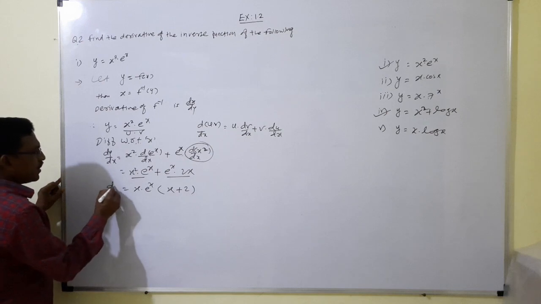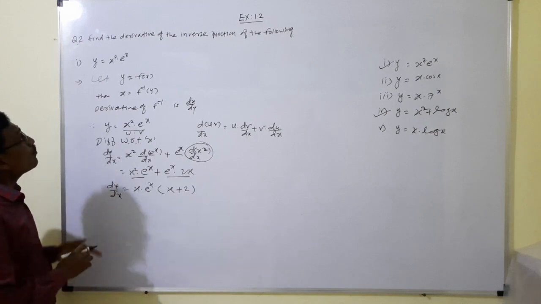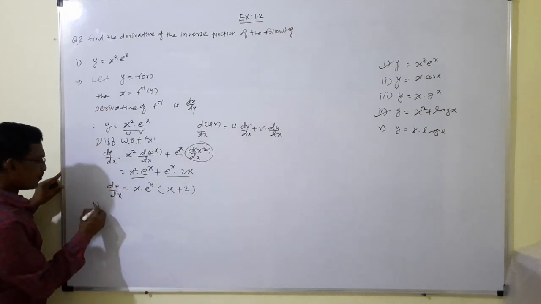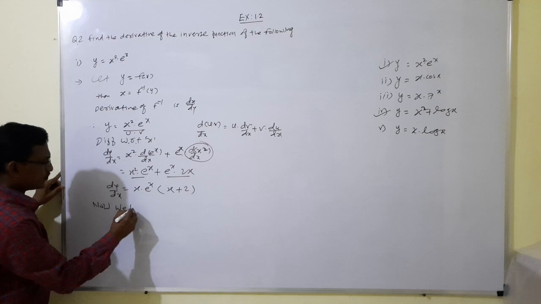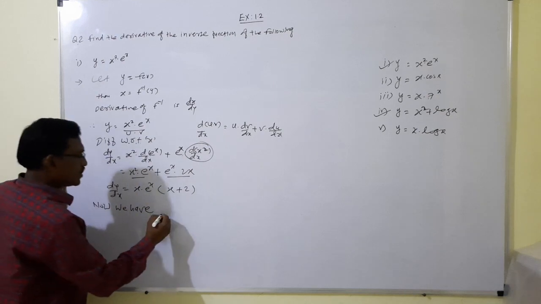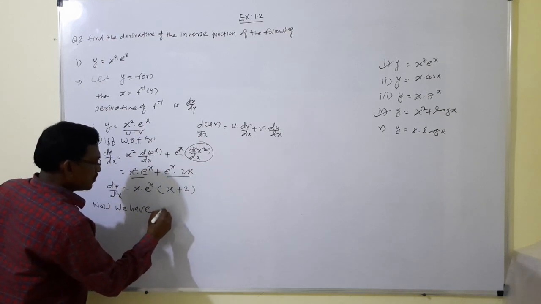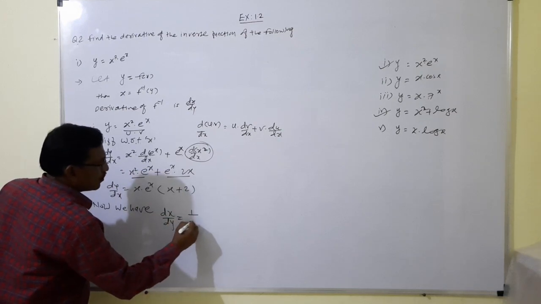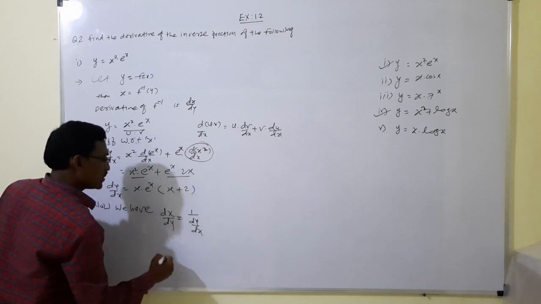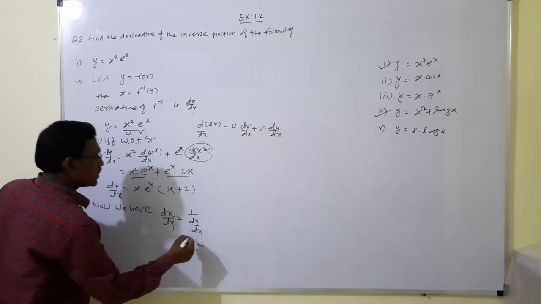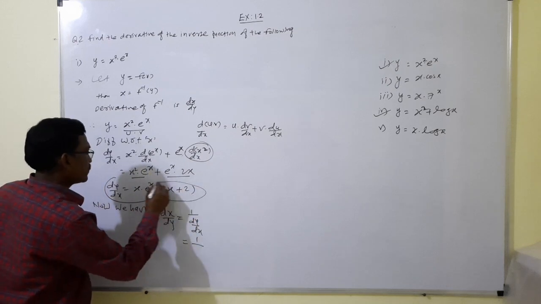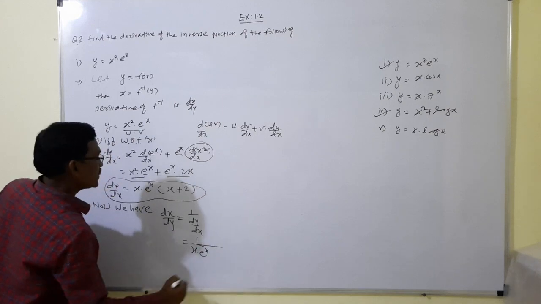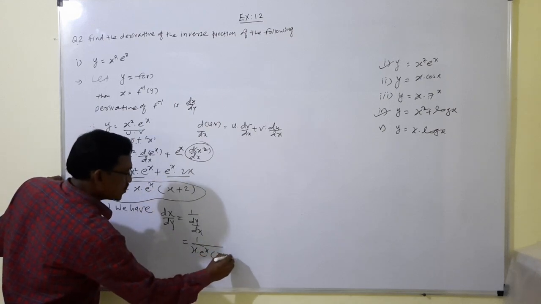So this is dy by dx, the derivative of y with respect to x, but we have to find the derivative of the inverse function. Now we take its inverse, dx by dy is equal to 1 upon dy by dx, which is equal to 1 upon x into e raised to x into x plus 2.